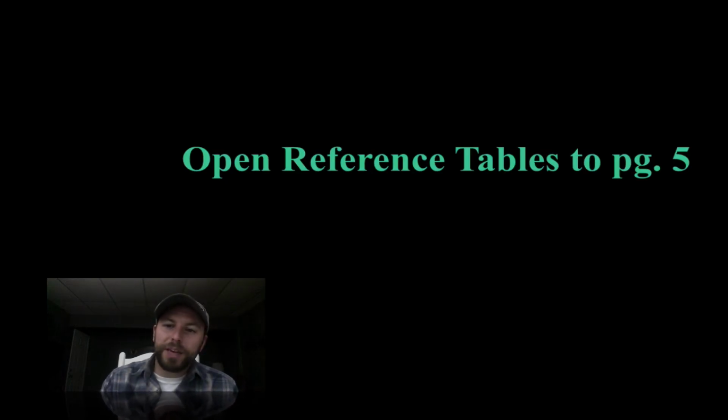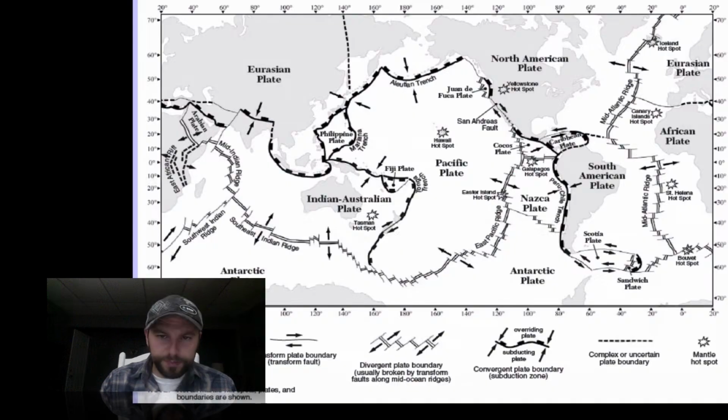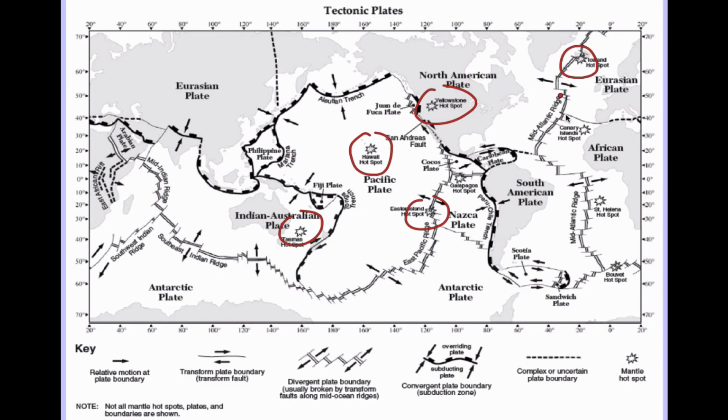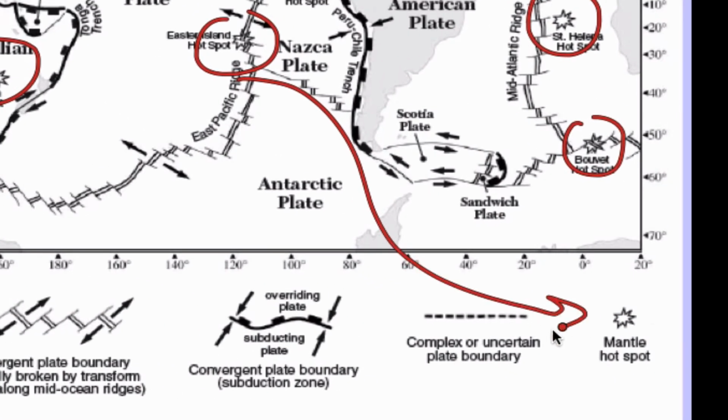And that brings us to page 5 of the Earth Science reference table, which looks like this. And on this page, we can actually pinpoint a number of different hotspots. I'm not going to go through all, but just a few that I see here. But you can see that they are scattered around the globe. But if we take a look, notice that we have our mantle hotspot.